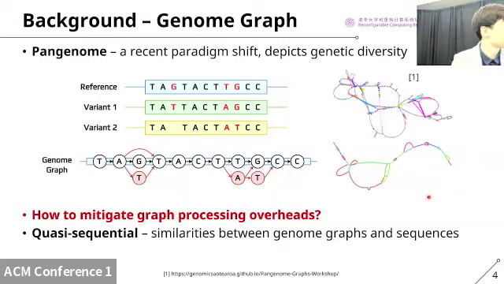So the problem here is: how can we reduce the graph processing overhead? In this paper, in Harp, we leverage a property called the quasi-sequential characteristic, which means those genome graphs somehow look like a sequential structure, and we leverage these similarities to reduce the graph processing workload.